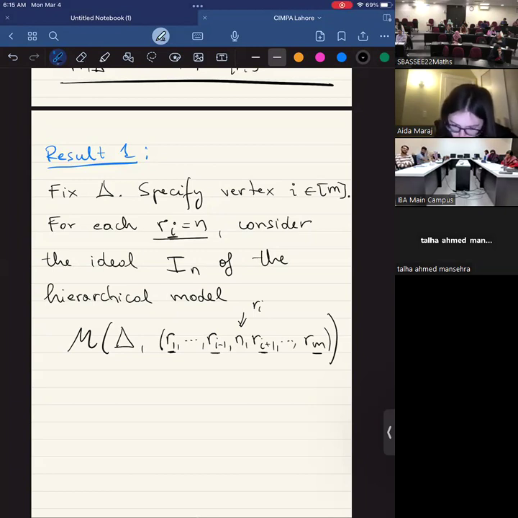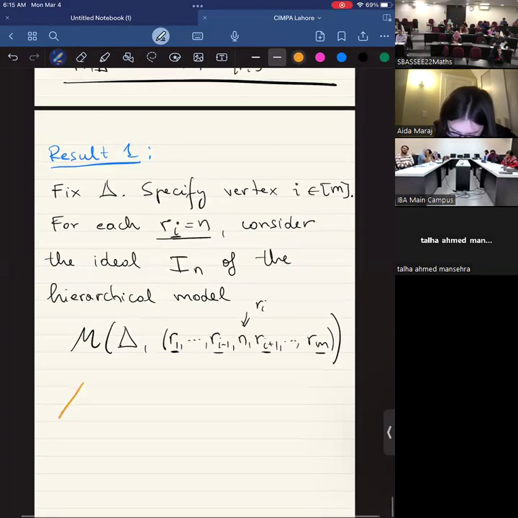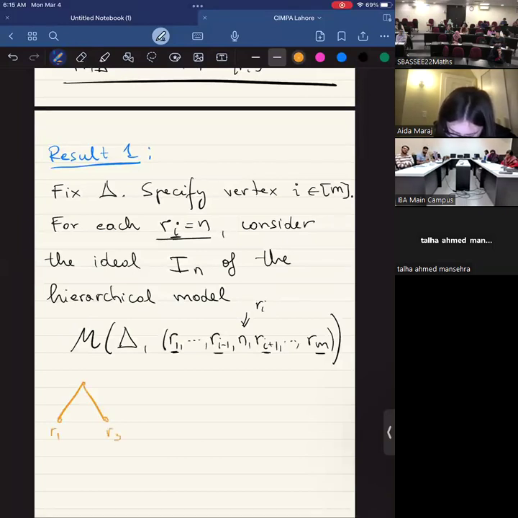For example, if we go back to our picture here, let's say this is R1, this is R3, and R2 we let be N. So we have the ideal IN for each N, while these two are fixed.